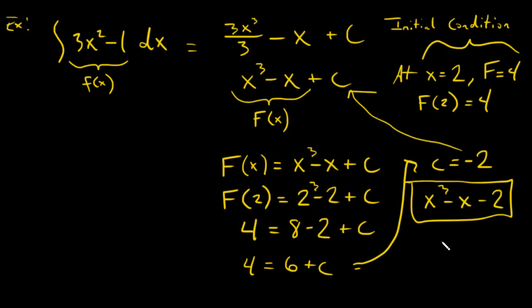So, long story short, if you have an initial condition, you plug it into your expression, you turn the crank to solve for your C. Once you have solved for your C, you then plug that value into your general solution, and you have a specific solution, or what's sometimes called a particular solution.